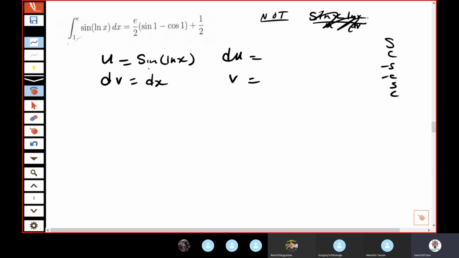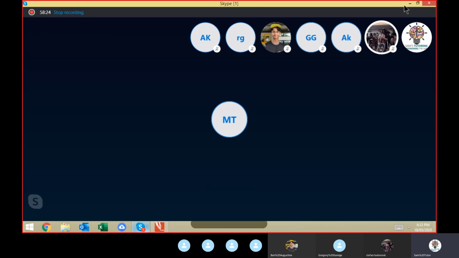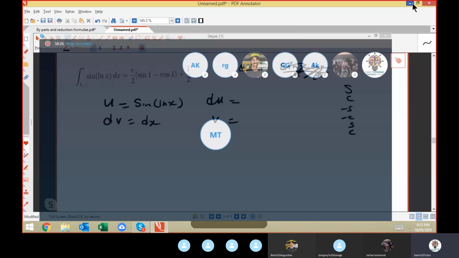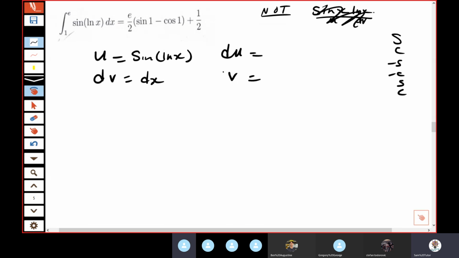Who actually wants to really give sine ln x a real good shot? Anyone? Who wants to try this one out? Come on, differentiate sine. Someone, it doesn't matter if it's wrong.